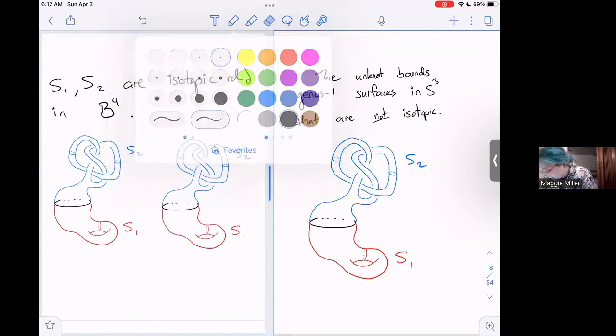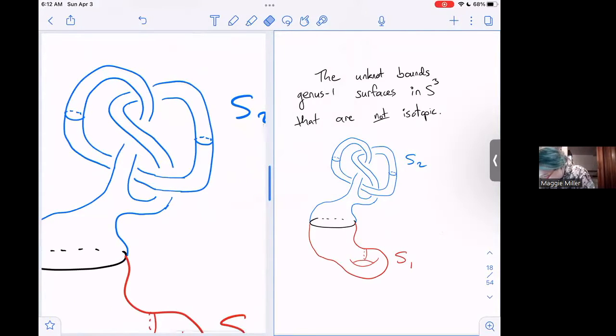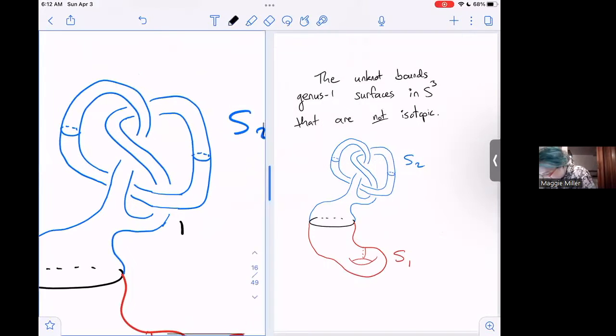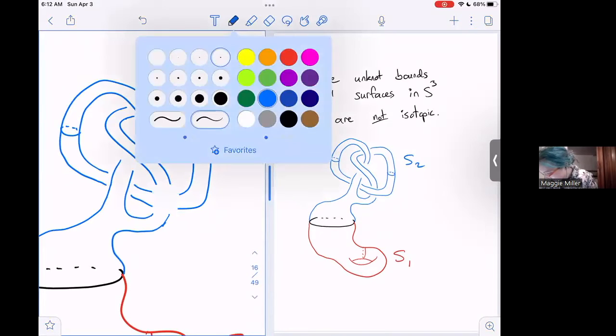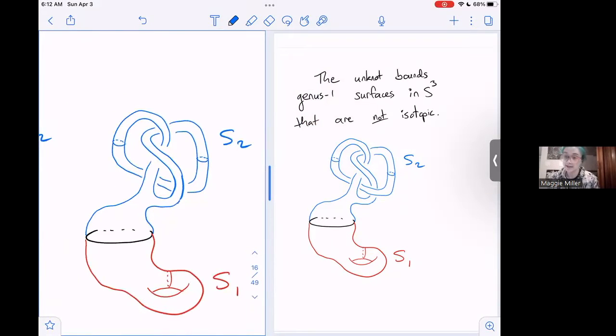So they would definitely become isotopic if I were allowed to take this place where these tubes cross and change the order of them, so the one that looks like it's in front looks like it's in back. If I were allowed to do this, then these two surfaces are isotopic because I can just unknot that blue thing.